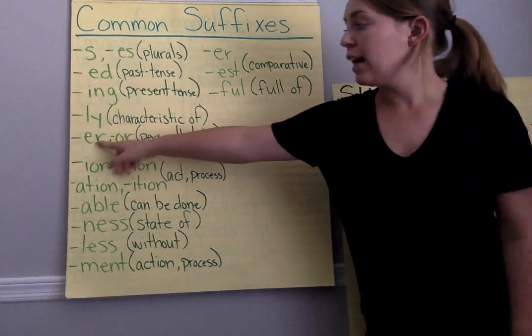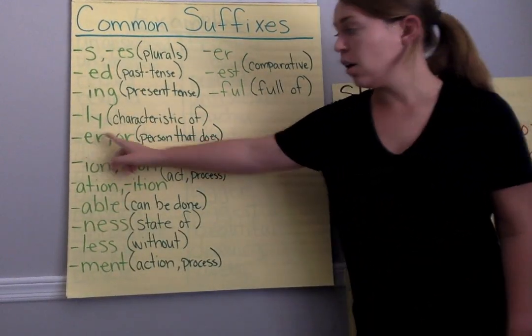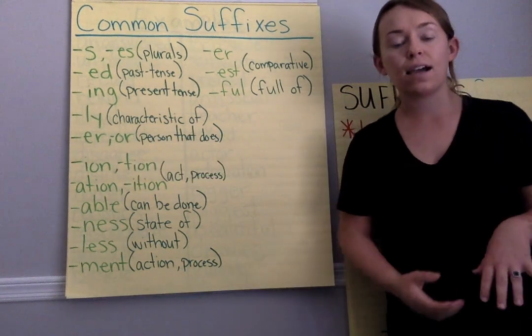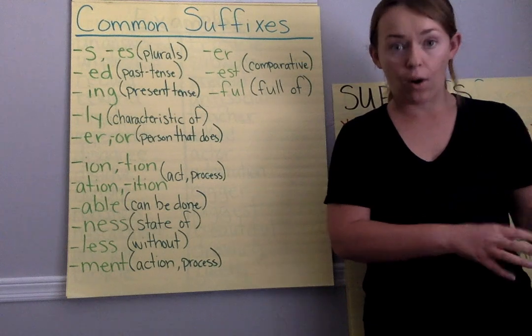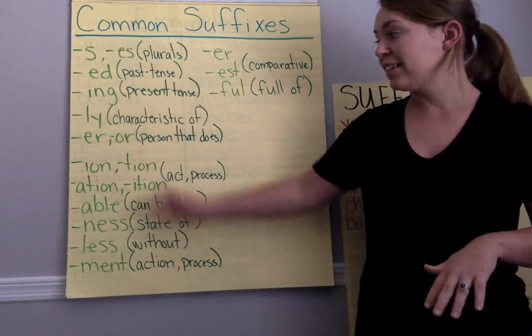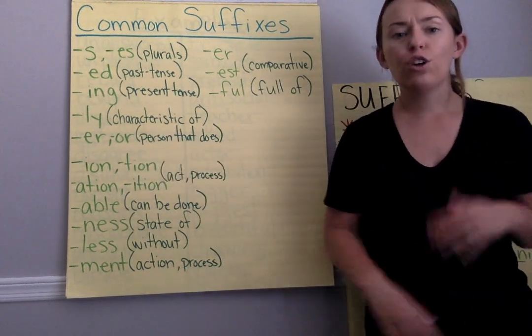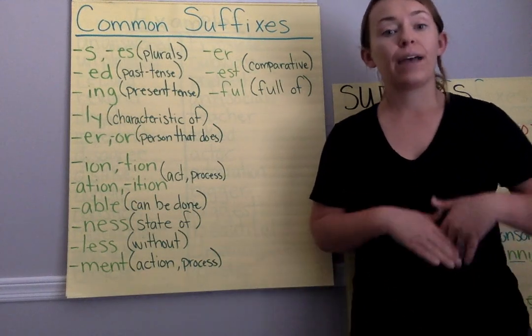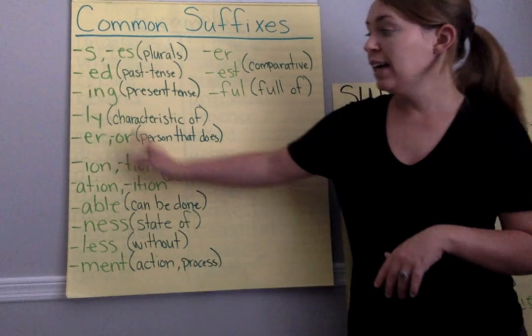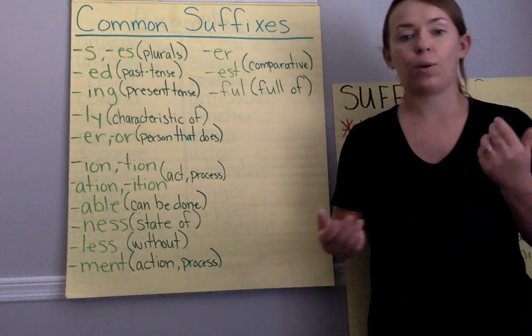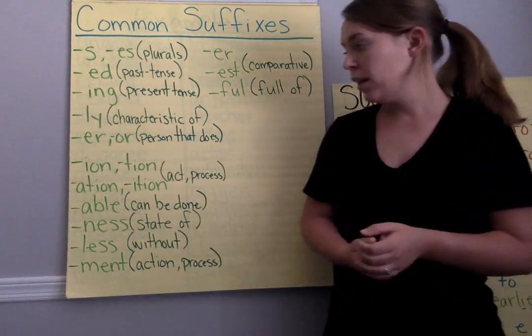We've got ER and OR. So at the end of a root word, if it has an ER or OR, then that's showing the person that does. So a good example of this would be, I teach you guys, so I am a teacher, okay? It's got that ER at the end, so I am someone who teaches.